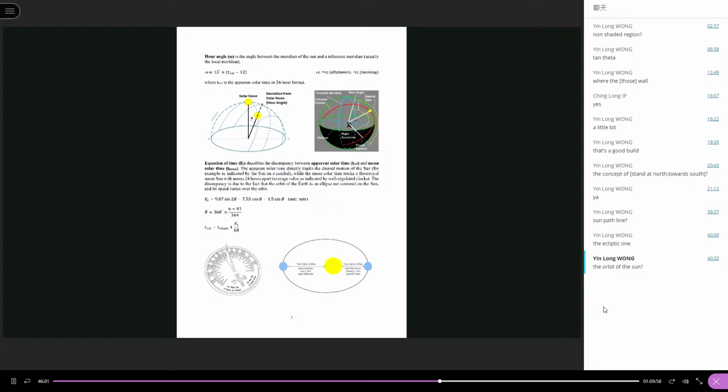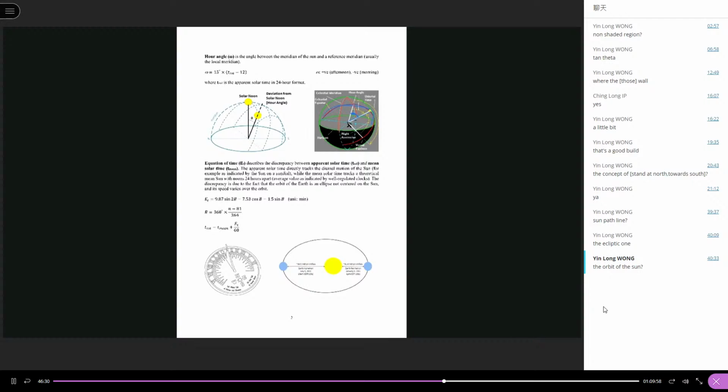So the sun is moving across the sky like here. We may measure an angle between the sunlight and the vertical plane for the south and north direction.